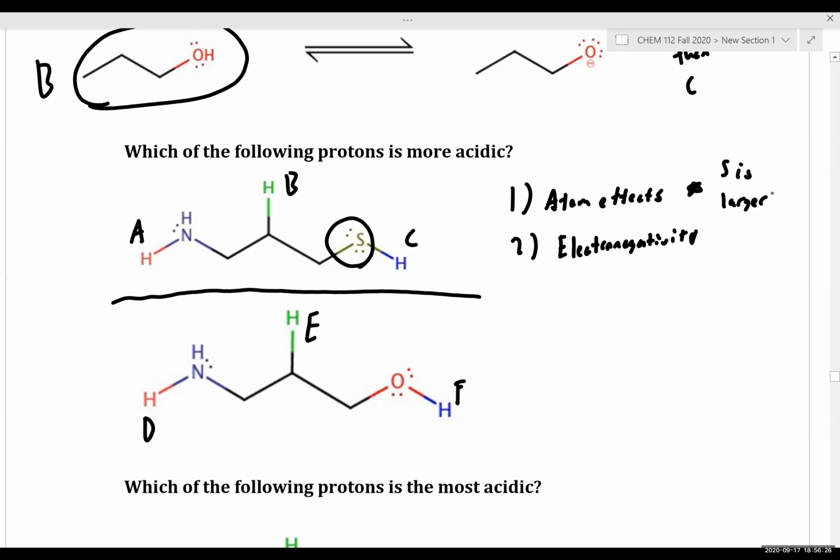Okay, so now looking at the second molecule, D, E, and F, which proton is the most acidic? F, yep. And this we can invoke electronegativity.